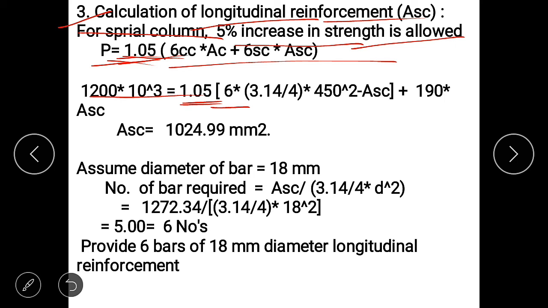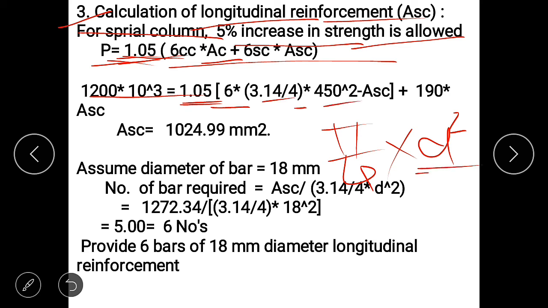Ac means area of column. How do we calculate the area? Pi by 4 into d square. So pi by 4, pi value is 3.14, divided by 4 into the diameter of column 450, so 450 square, minus Asc, plus Asc into sigma sc, which is 190 for Fe 415, meaning steel grade.